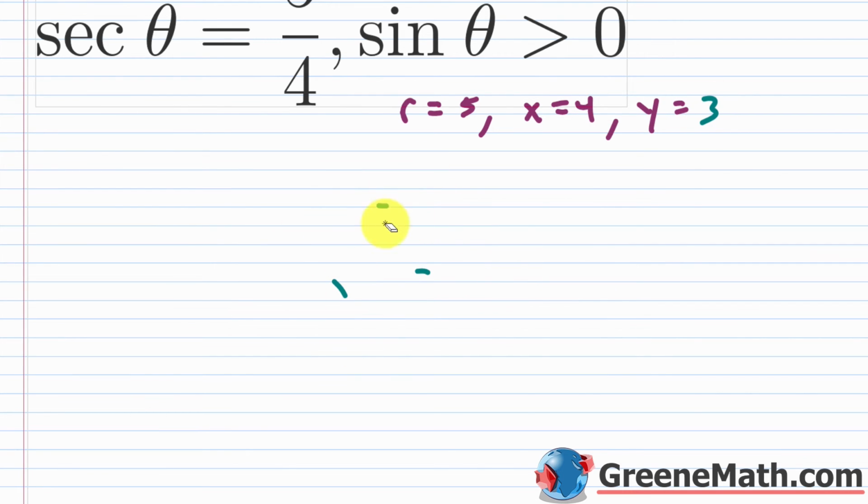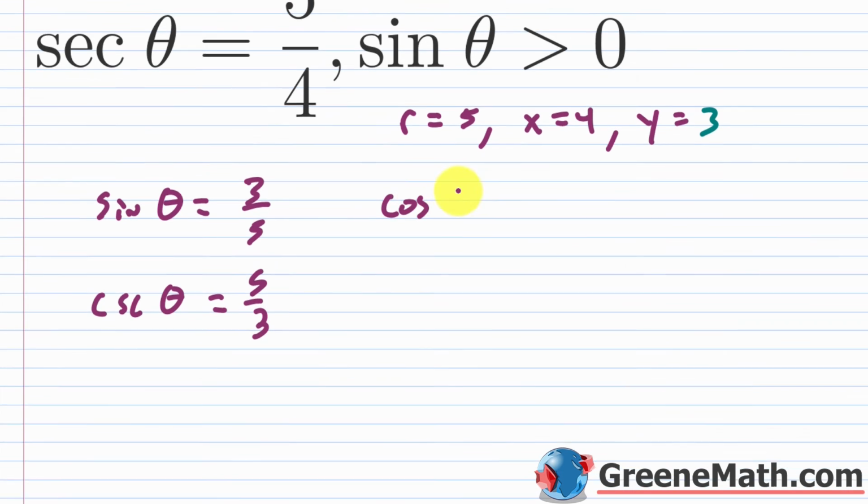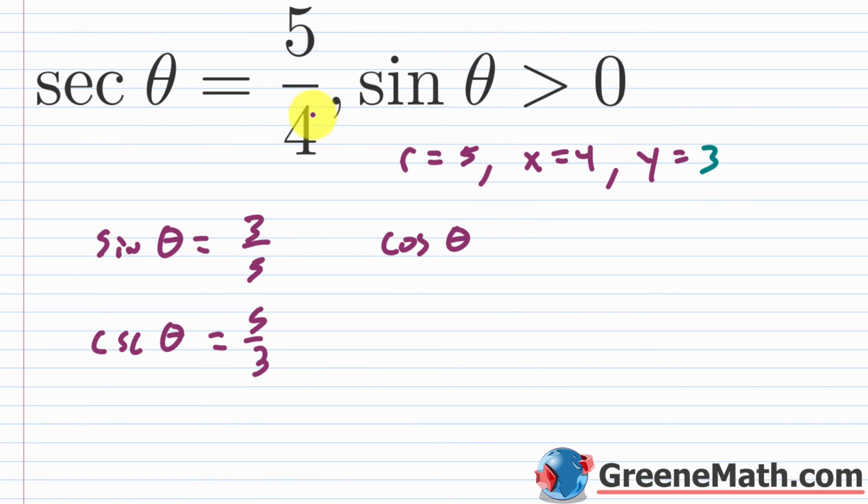Okay, so going through now, we just fill everything in. The sine of theta is going to be y, which is 3, over r, which is 5. The cosecant of theta is the reciprocal of this, so this is 5/3. Then we have our cosine of theta, which is the reciprocal of the secant of theta, so this is 4/5.